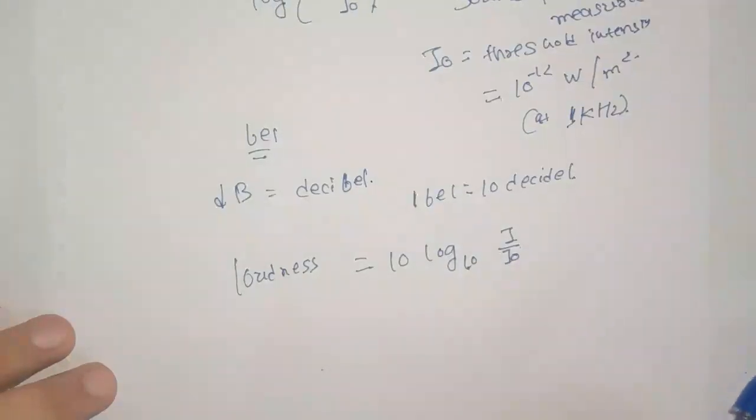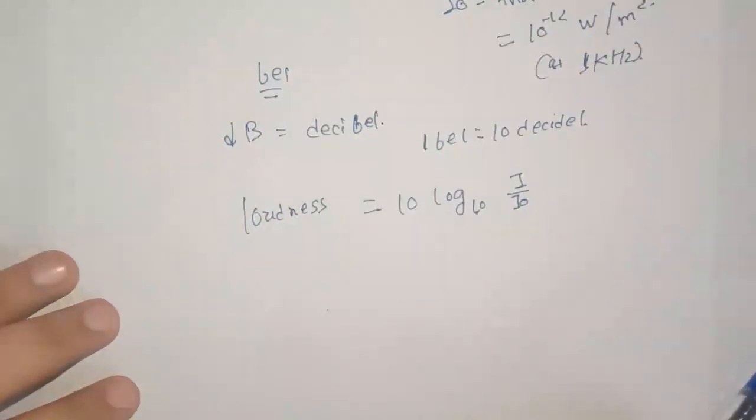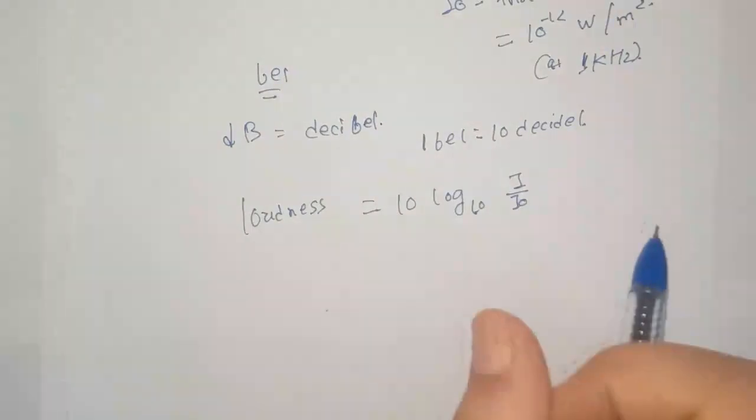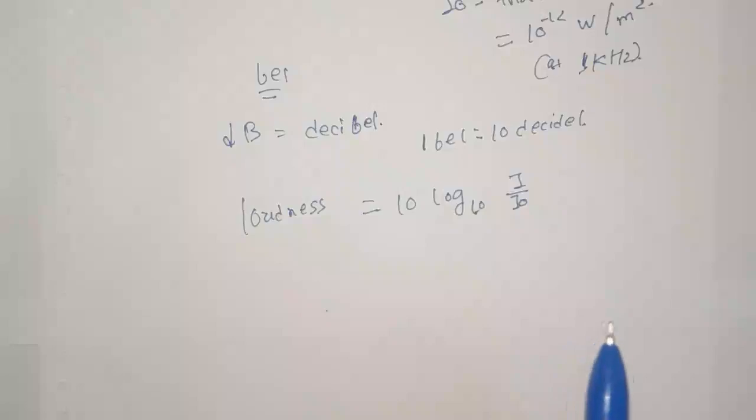The loudness of a sound of given intensity may be different for different listeners. Here we have to understand that loudness is not a physical quantity. It is just a property. So the same volume will be loud for some people and soft for some people.